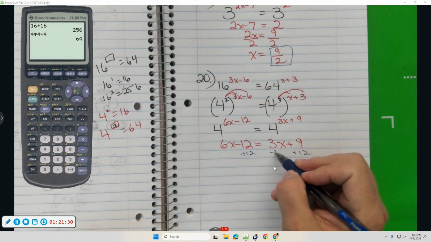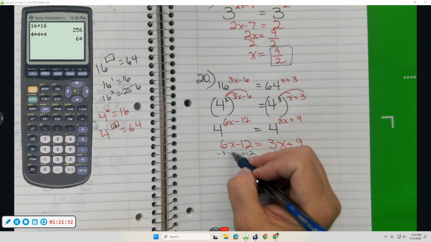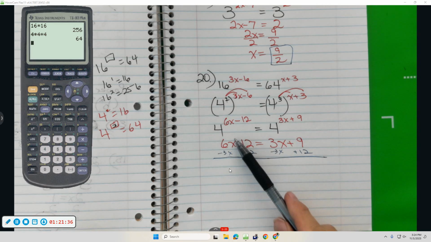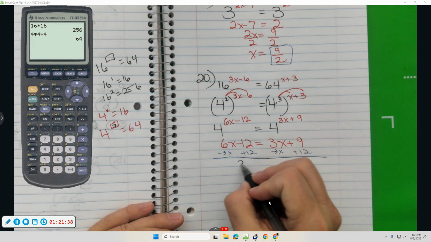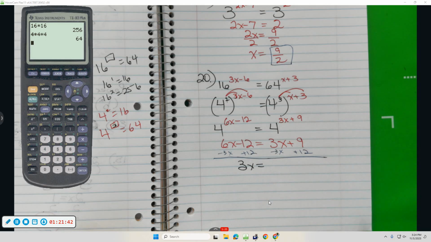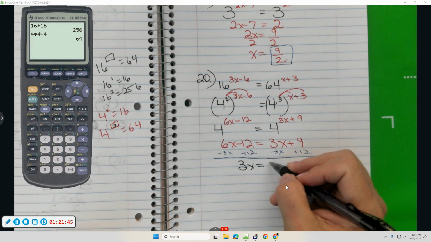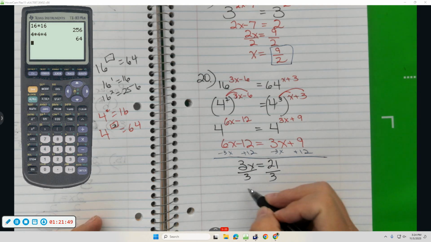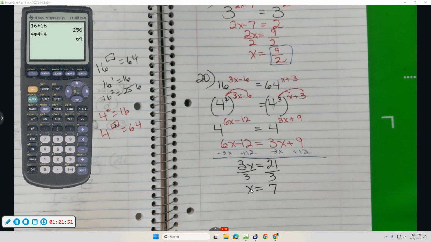Minus 3x. 6x minus 3x just gives me a 3x equals, what have we got over here? 21 divided by 3. I wasn't expecting a nice integer as an answer, but it did. X equals 7. Any questions there?